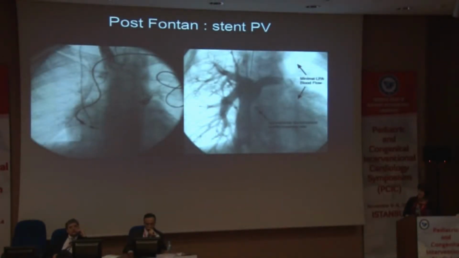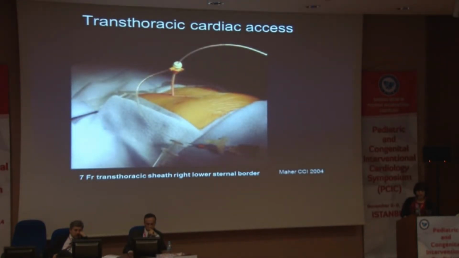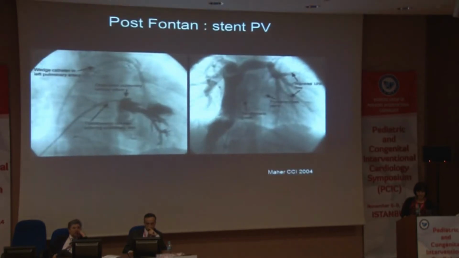In this slide, you can see on the left side a patient post-Fontan where a stent in the pulmonary vein was intended, and you can see nicely on the right side the intended puncture site for the transthoracic puncturing. This is the sheath after placement. There you can see your sheath basically in place for your intervention to be done.